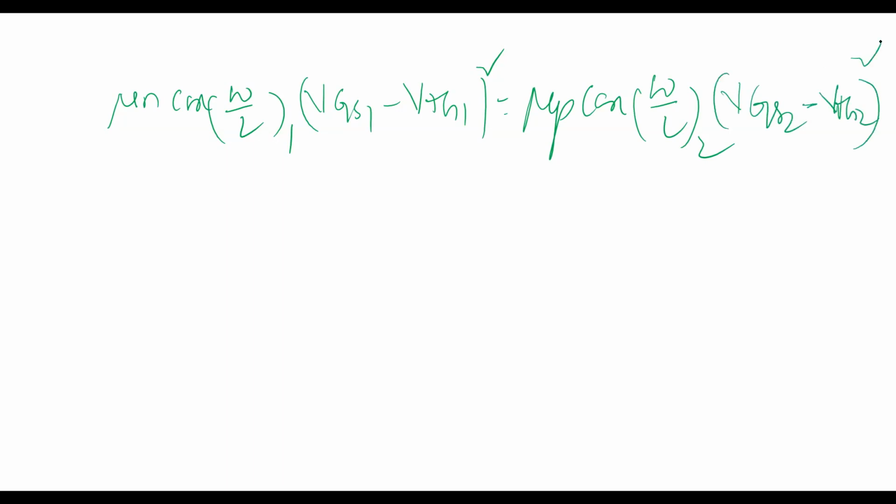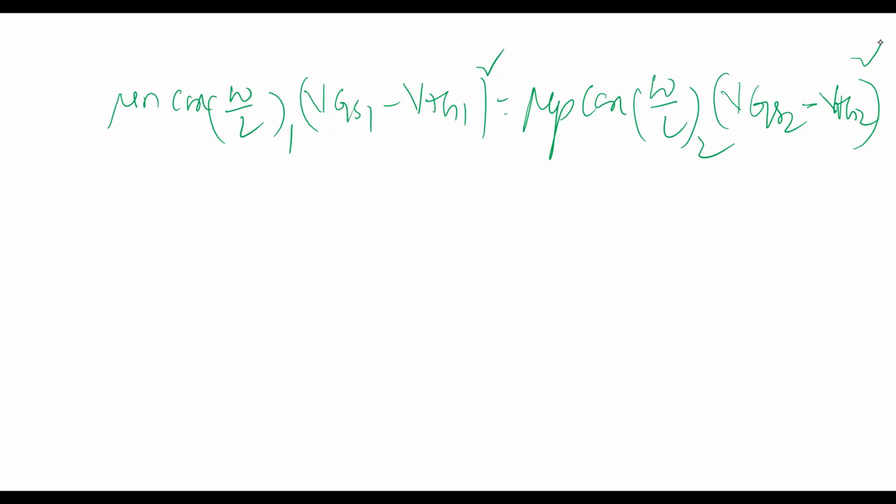The two currents are equated. This is the case when you are not considering channel modulation. If channel modulation is not there, lambda value is 0.